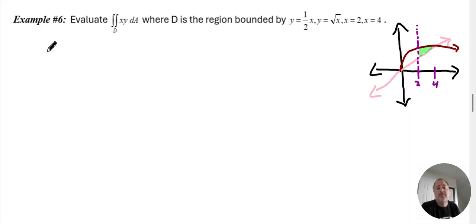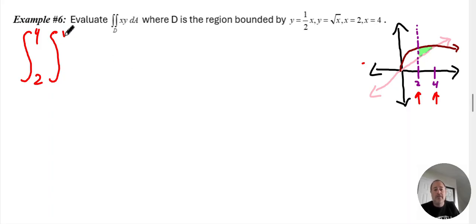So hopefully this is pretty clear for you guys to be able to set this problem up, because my bounds for the x, my left and right, are both constants, that's where I'm going to start, right? So I'm going to get a 2 and a 4 as the bounds for my region, and then just like previously, the top function is going to be the upper bound, which in this case is going to be the square root of x, and then my lower bound is going to be 1/2 x.